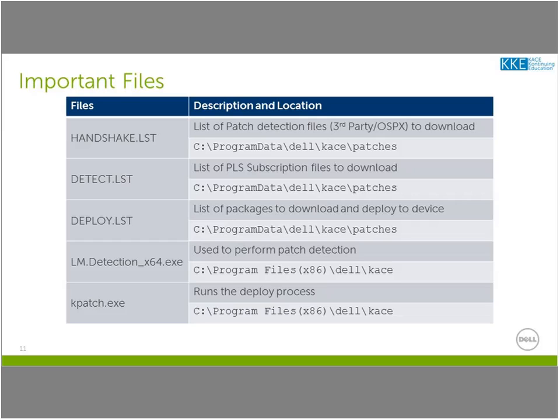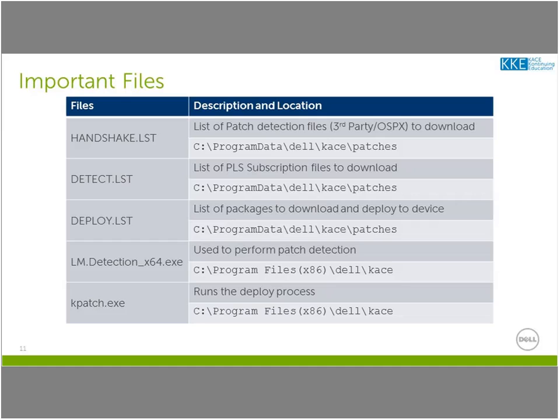We perform a detection, and they stay there, right? And then some new patches come out, and it's time to run another detection on the machine. Some of the PLS files are already there, but some of the PLS files for the new patches haven't yet been downloaded to the machine and saved in the C drive. So we need to download some more PLS files. That's what the detect.lst file is.